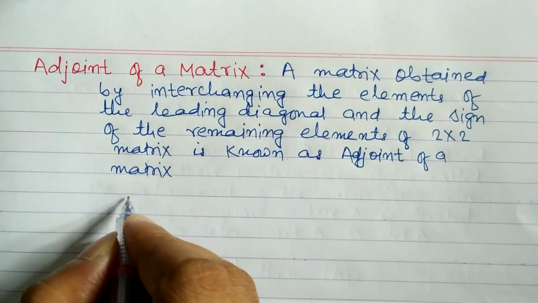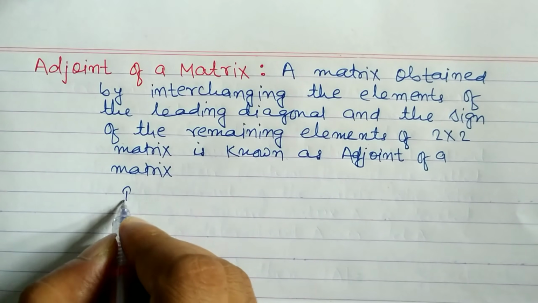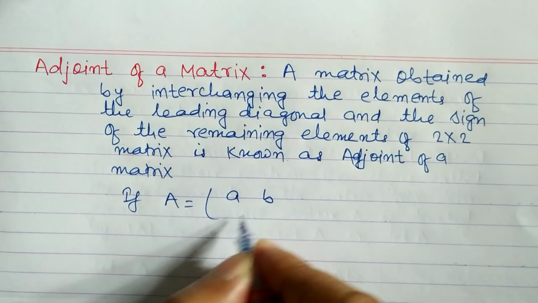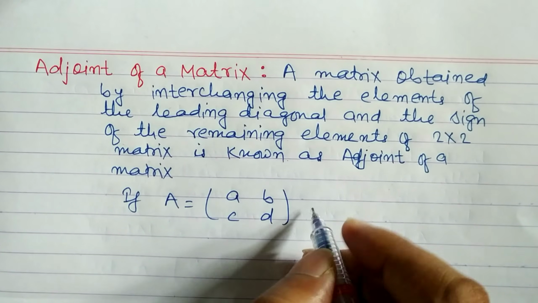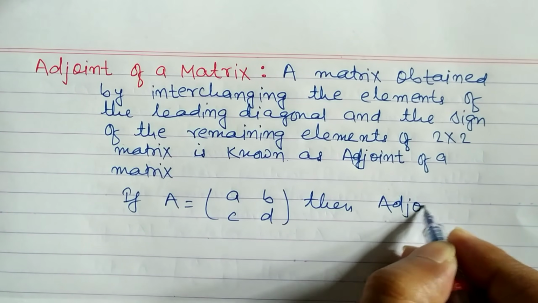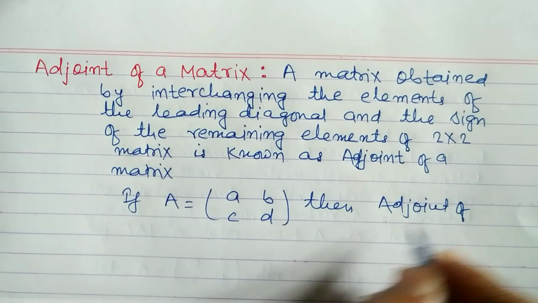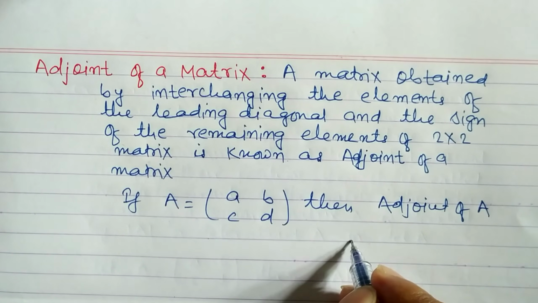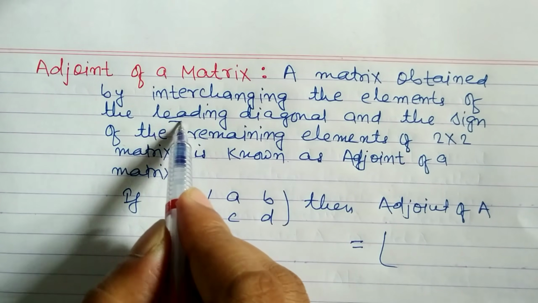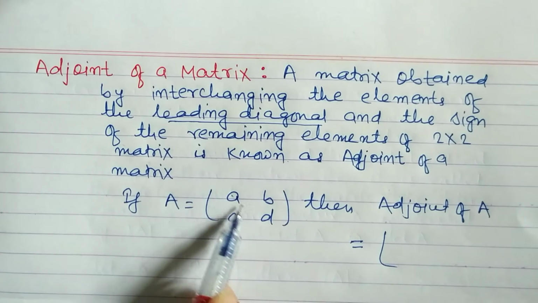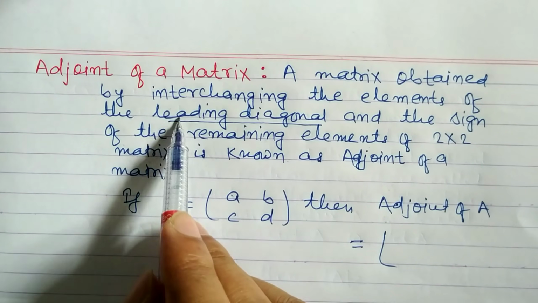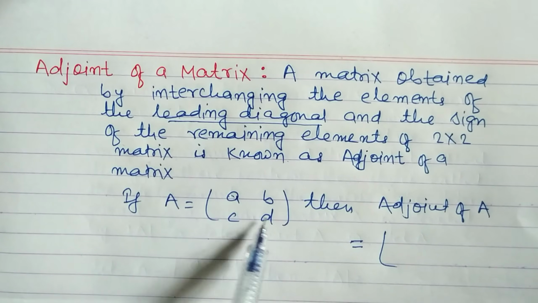For example, if we have A is equal to A, B, C, D, then adjoint of A is equal to, what is here? Interchanging the elements of the leading diagonal. It means we have to interchange these two.